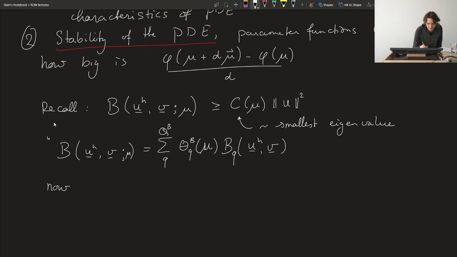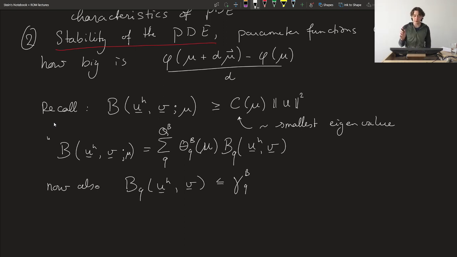So now, these guys can have upper bounds of their eigenvalues. The way that we write that is that each of these B_q may be bounded from above, so this is going to be smaller than or equal to some parameter, which I now call gamma, which depends on B and on q, but not on the parameter mu, because this is due to the affine decomposition, multiplied by the norm of u_h and the norm of v.